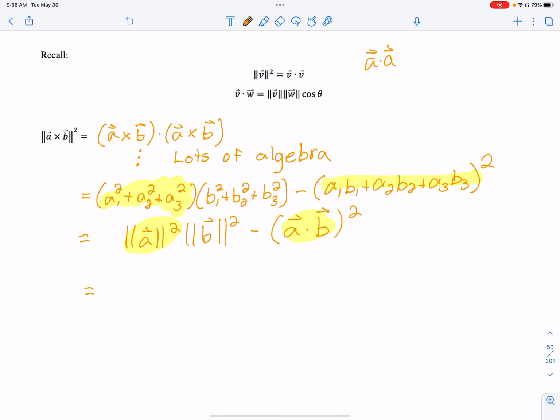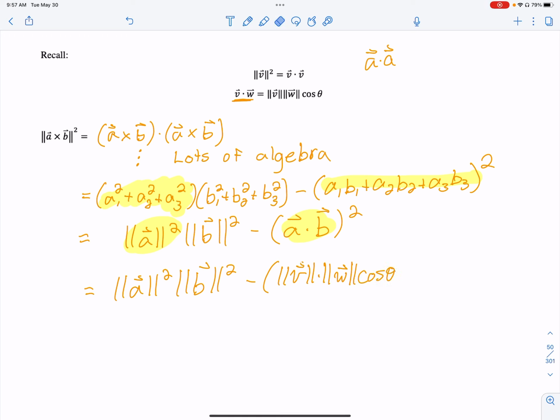Okay, so notice now, we can replace, using this rule, the dot product. So I'm going to write A magnitude squared, B magnitude squared, minus, and I replace A dot B with that formula.